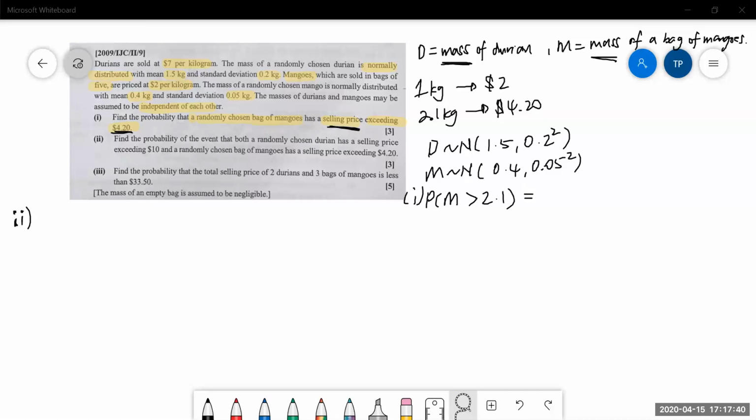Unless we tabulated the numbers wrongly. $2 per kilogram. We want it to be more than $4.20, so it must be more than 2.1 kg. If you check the answer, is the answer 0? No, right? Cannot be. What is wrong? The answer is 0.819.